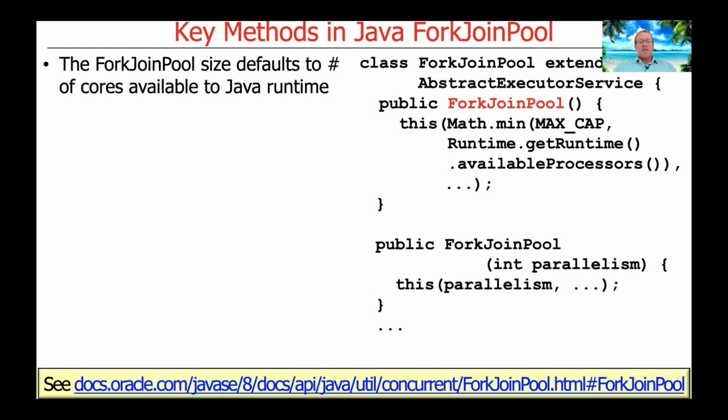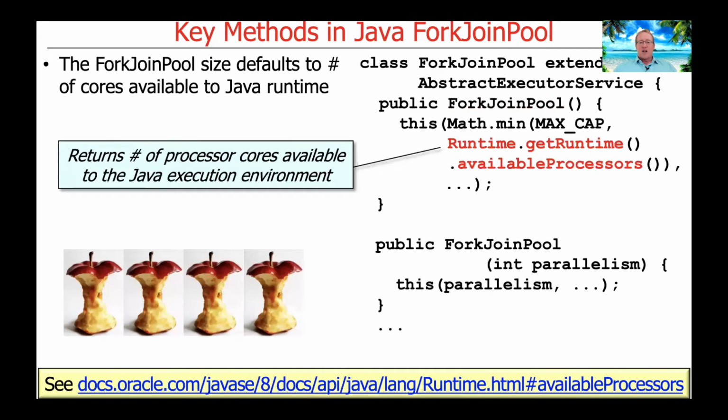Now, by default, if you make yourself a new fork join pool object, the size of that object defaults to the number of cores available to the Java runtime. So if you take a look here, you can see fork join pool is going to create a pool with a size, where size is the number of threads, equal to the underlying execution environment's knowledge of the number of available cores.